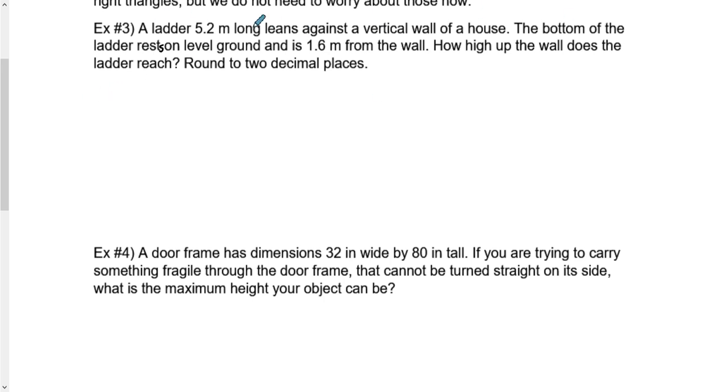So let's talk about the situation. We have a ladder leaning against the vertical wall of a house. So if we have a house, let's draw a house. We have a house, we have the roof, we have the door, we have some windows, and then we have a ladder.